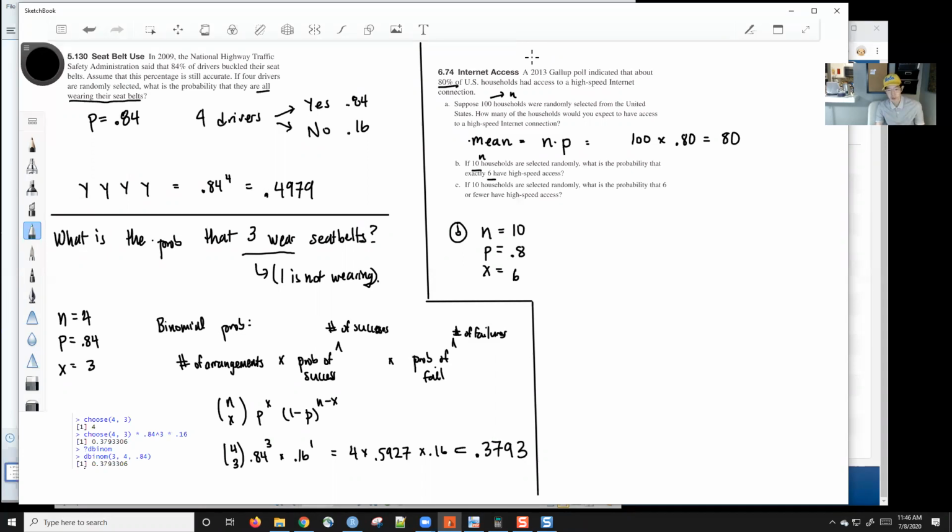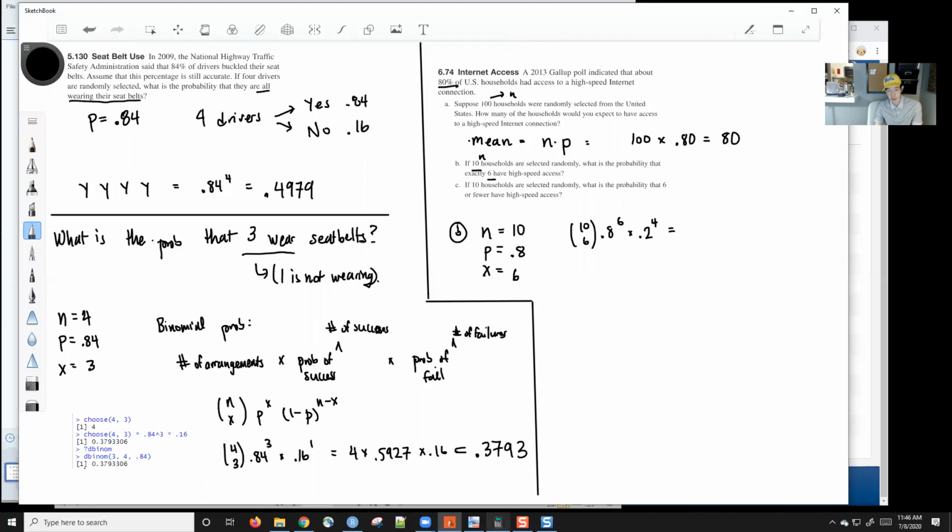So we could do 10 choose 6, 0.8 raised to the 6, which means 6 households have to have high-speed internet, and that means 4 of them do not. So we multiply that by 0.2 raised to the 4th.